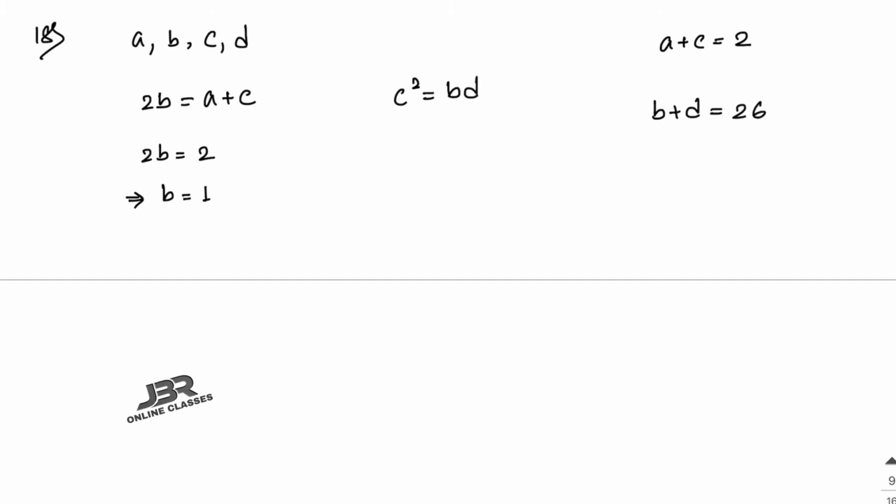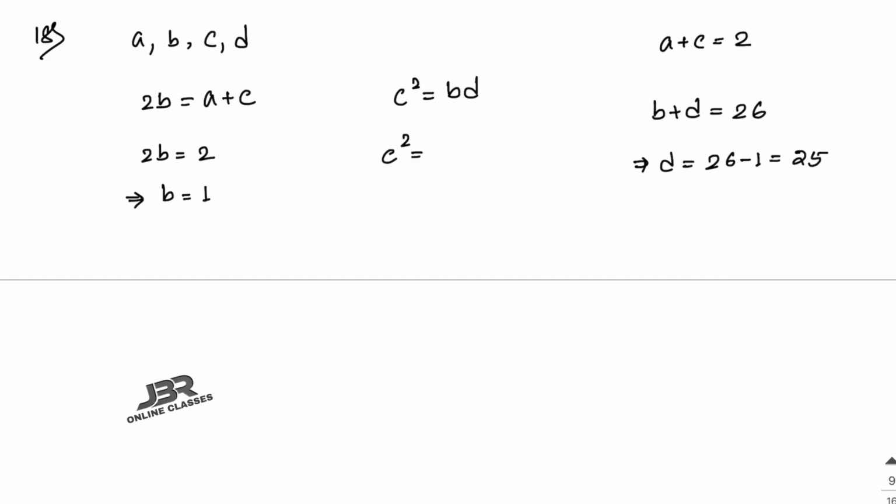So if b plus d equals 26 and b equals 1, that means d equals 26 minus 1, which is 25. So d equals 25 and b equals 1. Now next thing, you have to find out the value of c.